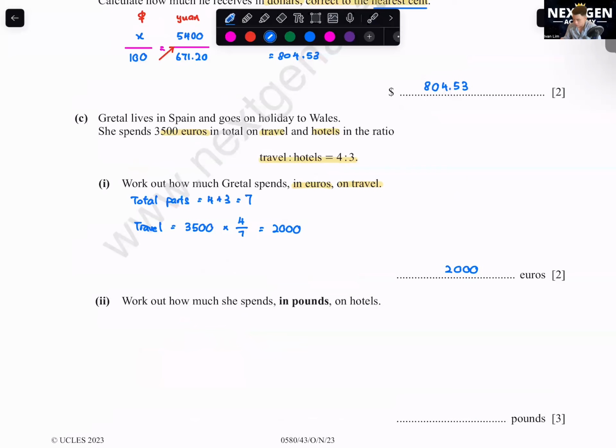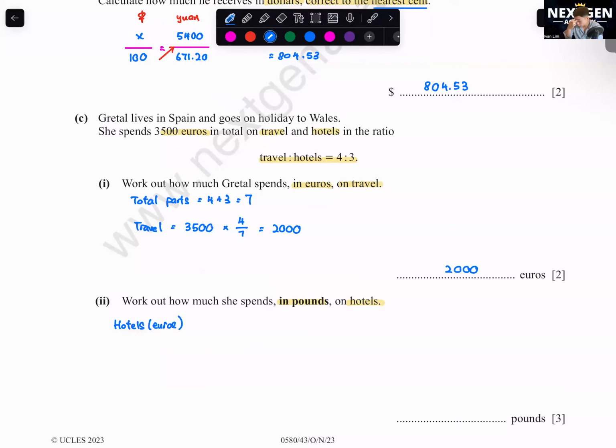Next one. Work out how much she spends in pounds on hotels. They are not asking for travel anymore, now it's hotels. Let's calculate hotels in euros first, because in the previous question the unit was euros.